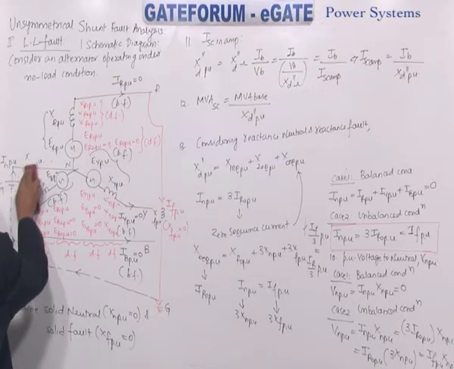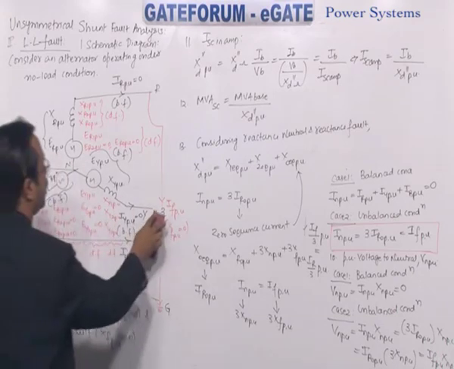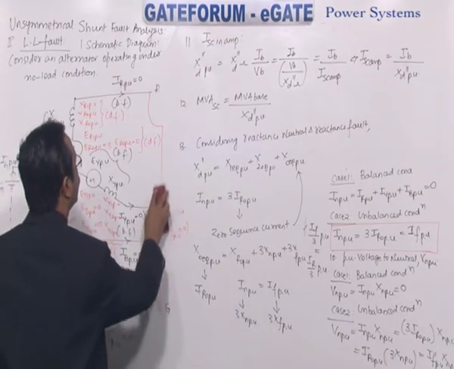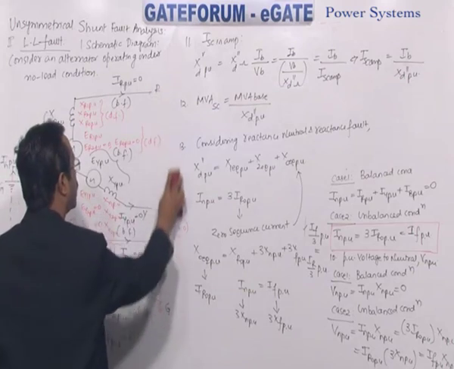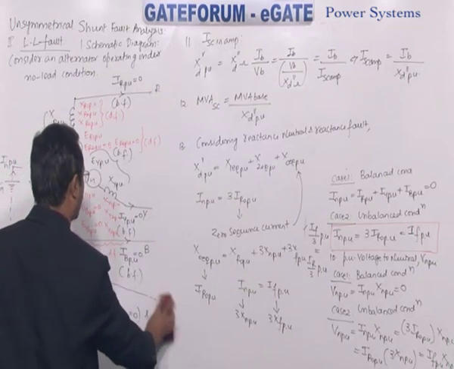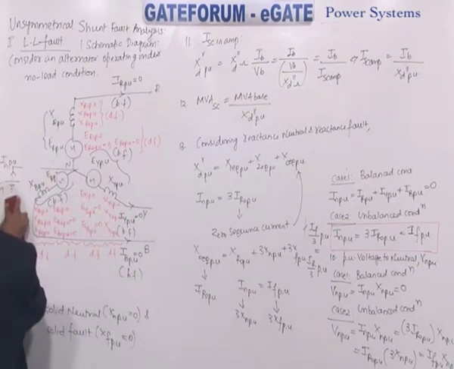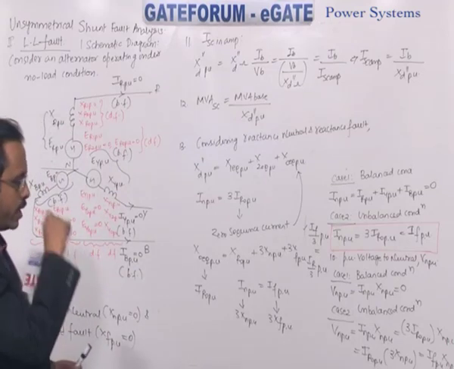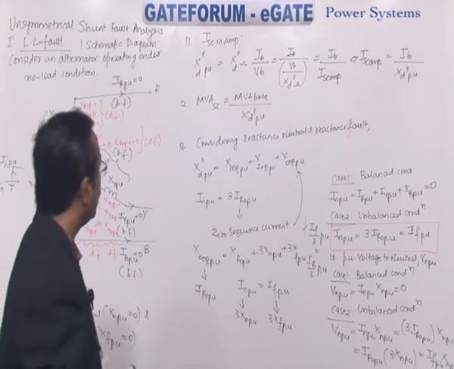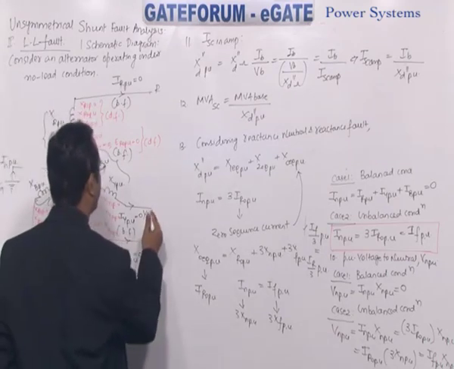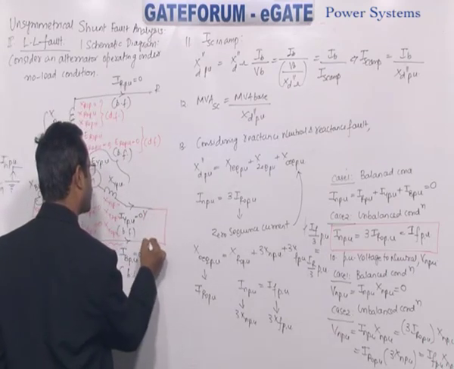So here also first consider an alternator operating under no load condition, and assume now a line to line fault has occurred involving Y phase and B phase.